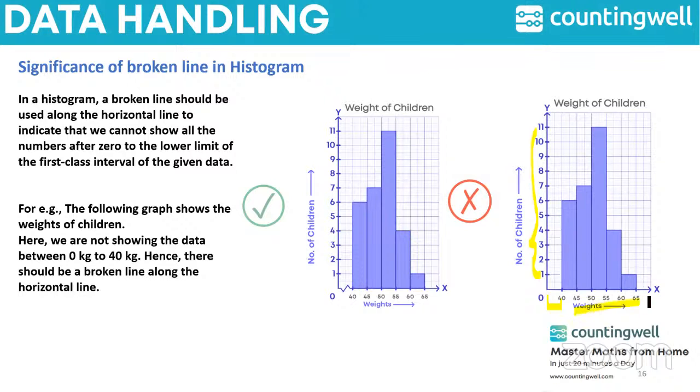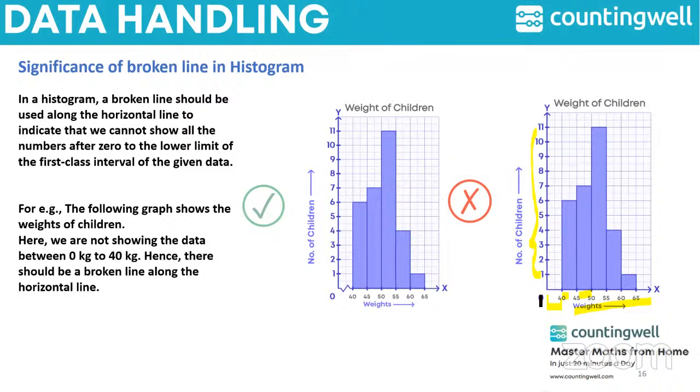The weight starts from 40, 45, 50, 55, 60, 65, and the size of the bars is uniform. So after 5, we are denoting 5 units. After 40 we have 45, then after 45 we have 50. So the size of the class intervals is the same.